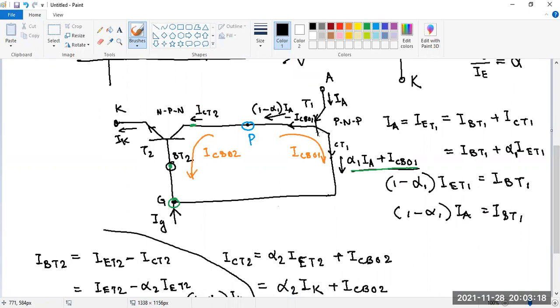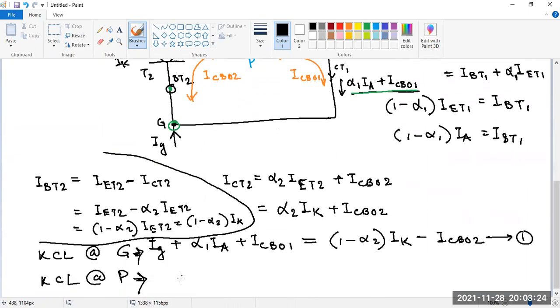One current is coming from transistor 1. What is that? 1 minus alpha 1 IA minus ICBO1 equals which current? Alpha 2 IK plus ICBO2.